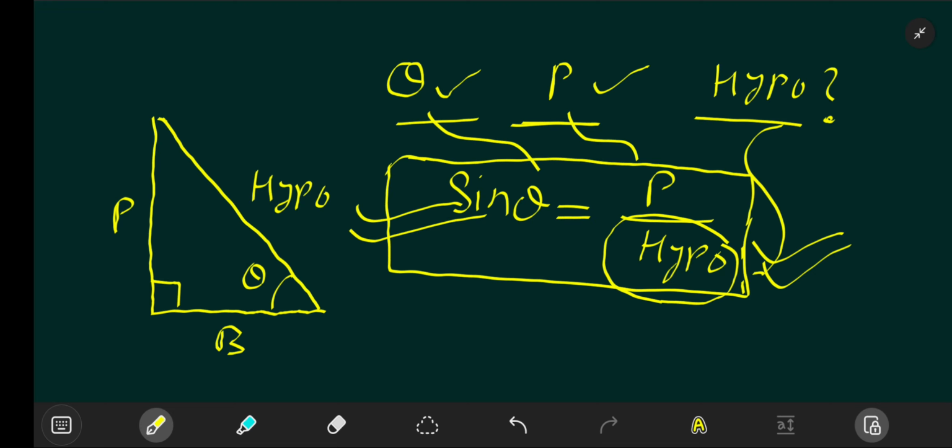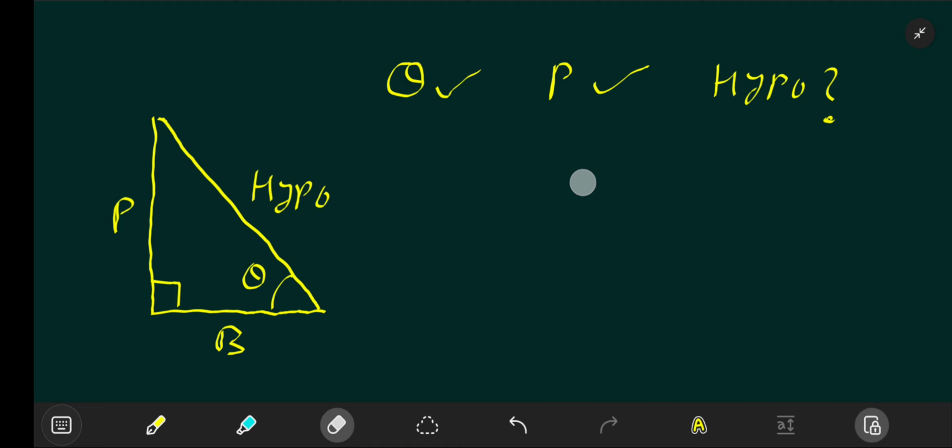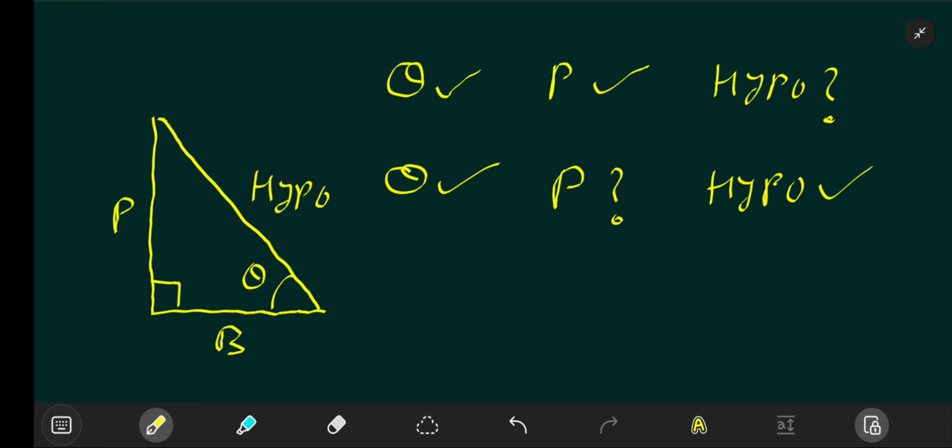This is the actual way of selecting the trigonometric function. If theta is given, the perpendicular side is asked, and the hypotenuse is given, then also we have to apply sin theta.